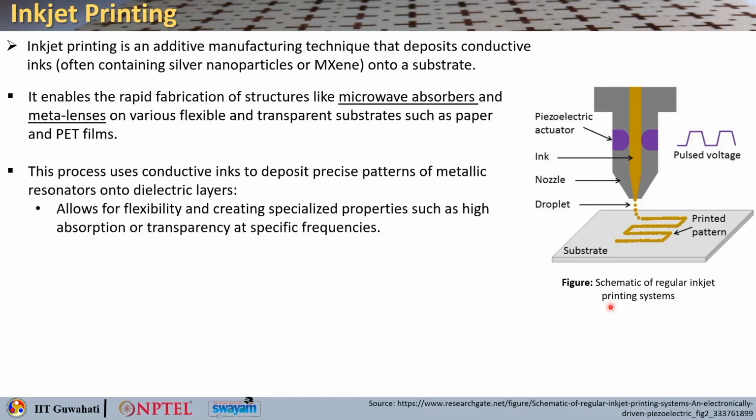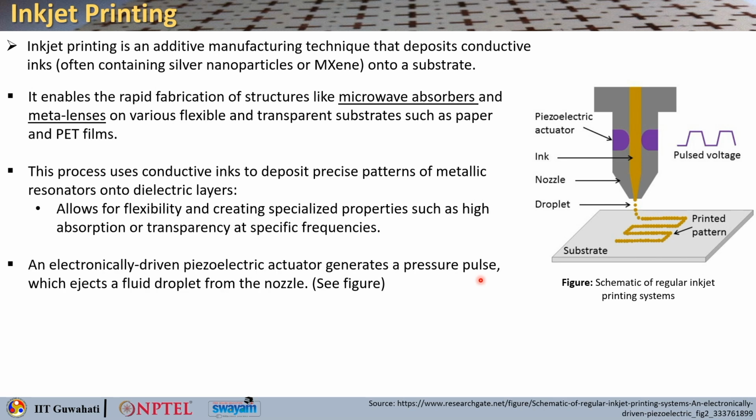This particular process uses conductive ink to deposit precise patterns of metallic resonators on a dielectric substrate. This allows for flexibility and creating specialized properties such as high absorption or transparency at specific frequencies.